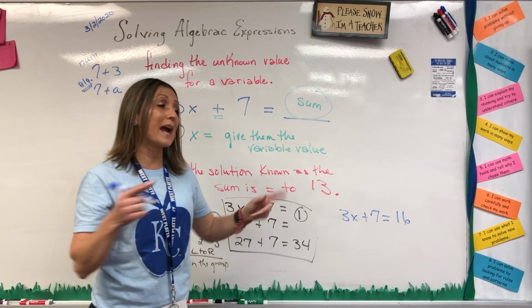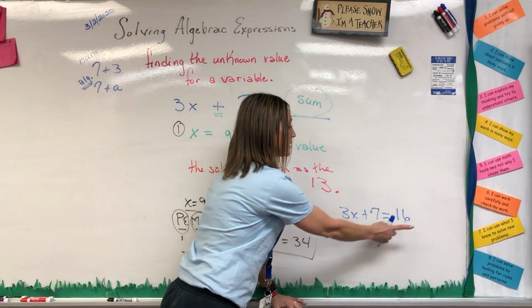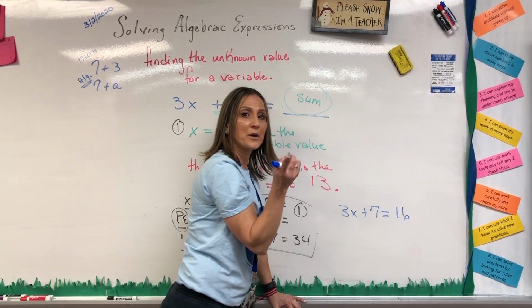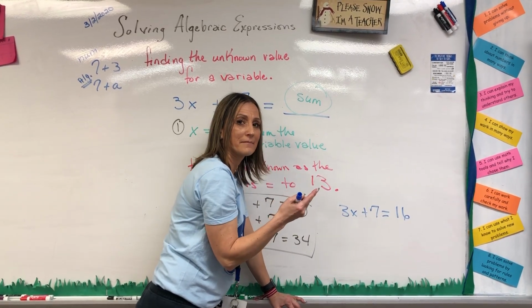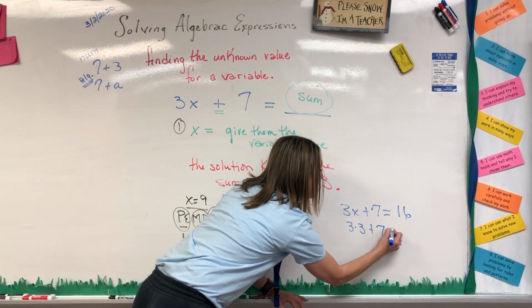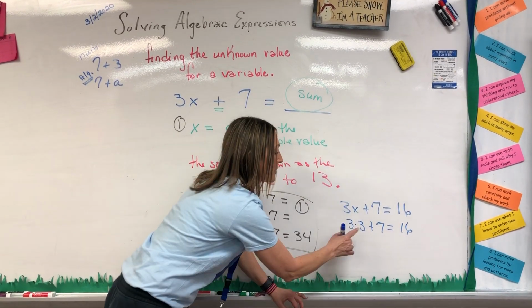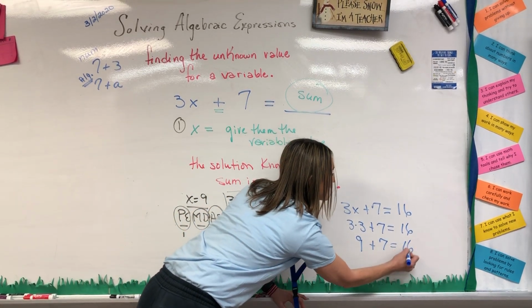But your kids right now will look at this and say, 7 from 16, I know that's 9. So what times 3 is going to give me 9? And they figure out that 3 times 3 plus 7 equals 16. They know 3 times 3 is 9, and 9 plus 7 is 16.